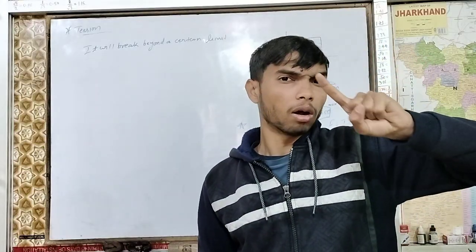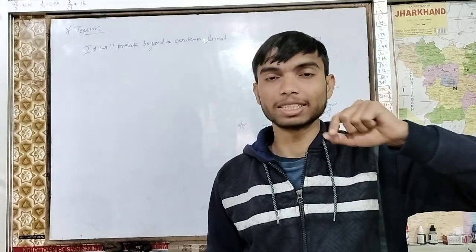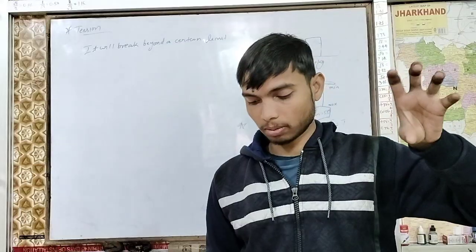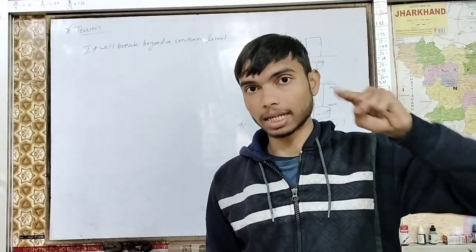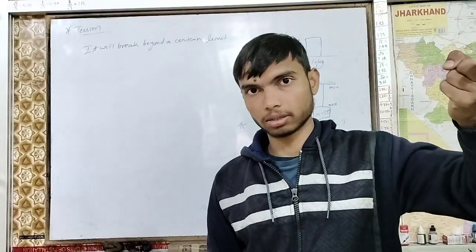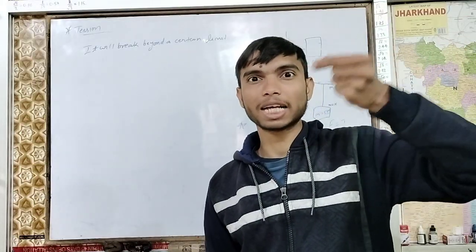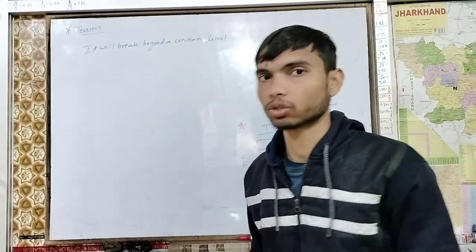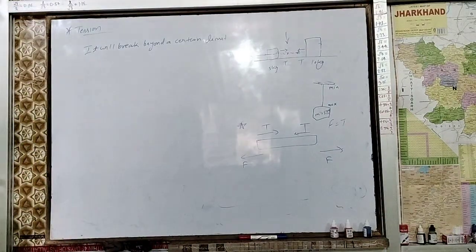Now the string is not broken. It means we can consider this phenomenon, maximum tension, as the breaking strength. We stretched, and at maximum tension we can consider this as the breaking strength.